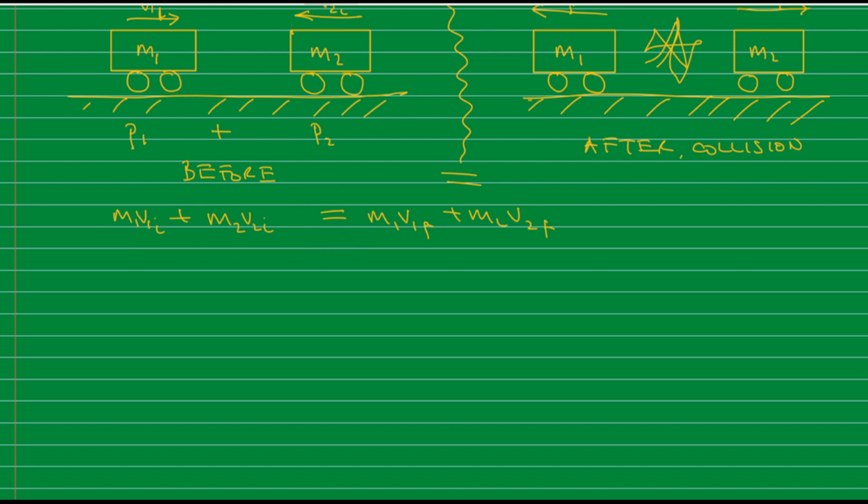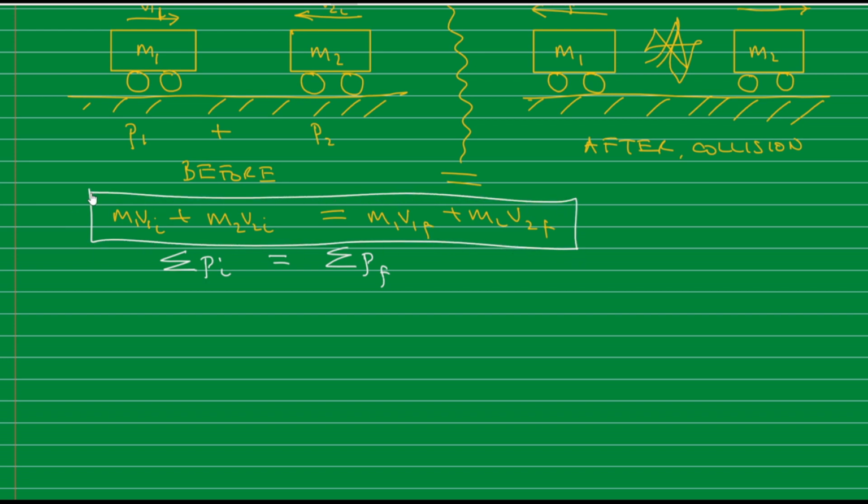Most of the time we summarize this as the sum of the initial momentum is equal to the sum of the final momentum, meaning that the total linear momentum before collision is equal to the total linear momentum after collision. That is a very important equation that we are going to use and apply in our calculations. So we call this equation the principle of conservation of momentum.